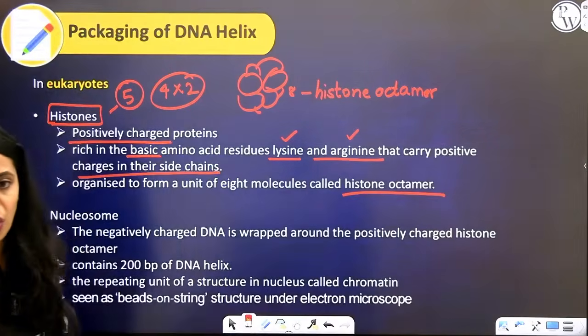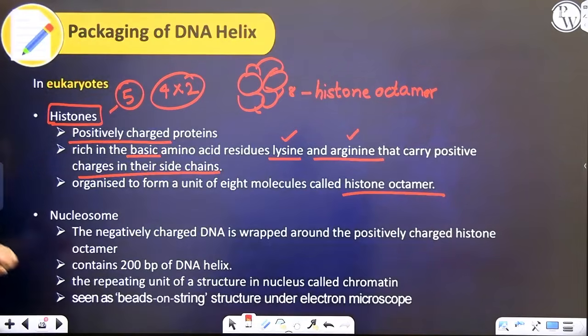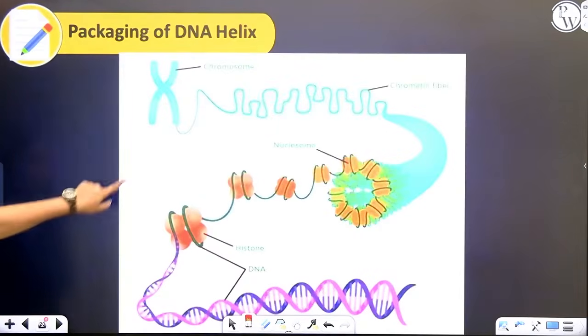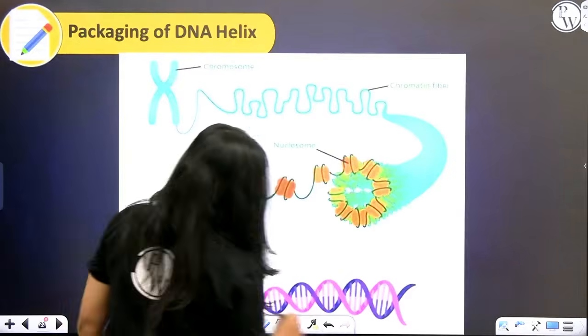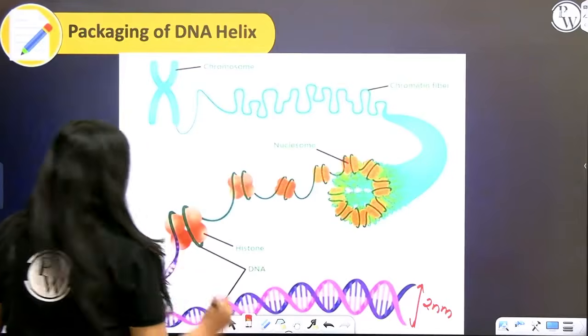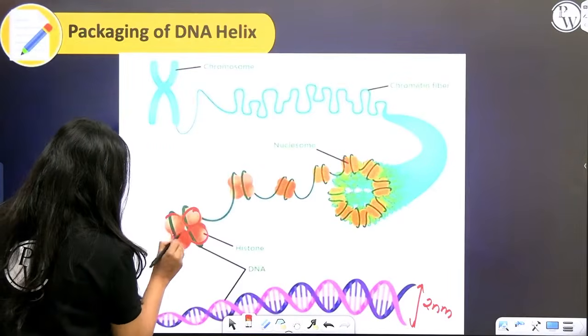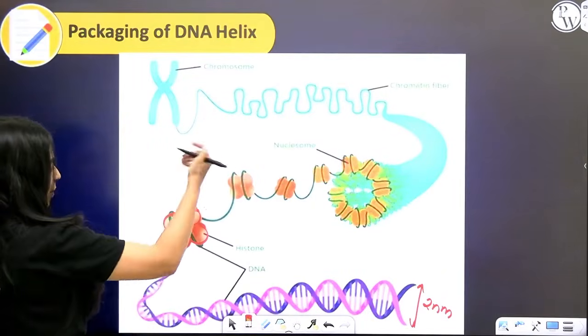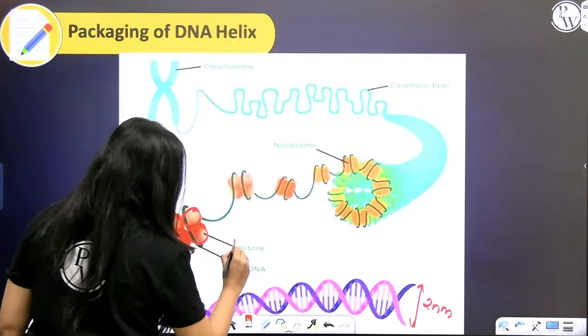Around this histone octamer, the DNA will coil around. You can see it here. This is our naked DNA, which is about 2 nanometers. 1, 2, 3, 4. Here you can see 4. There will be 4 behind. This is the histone octamer.